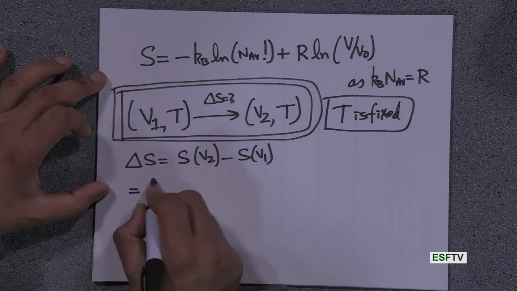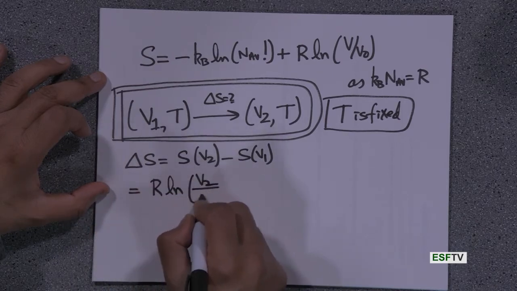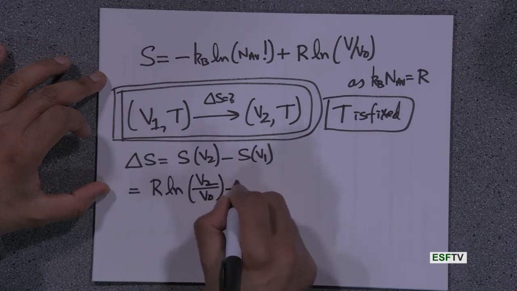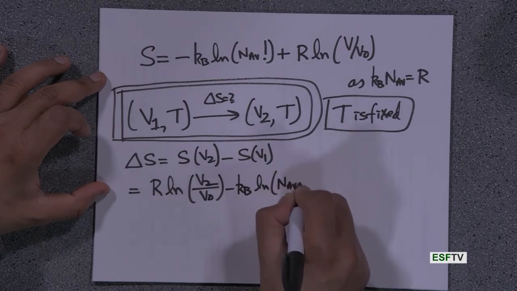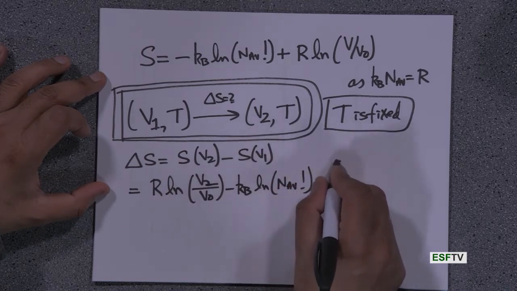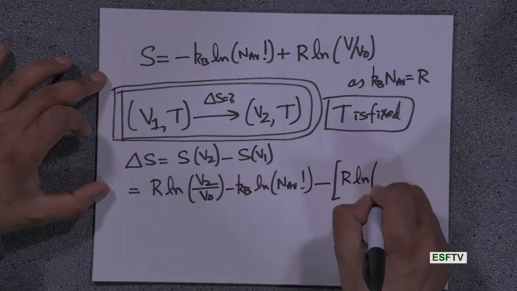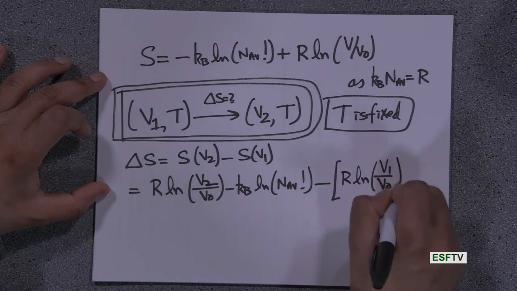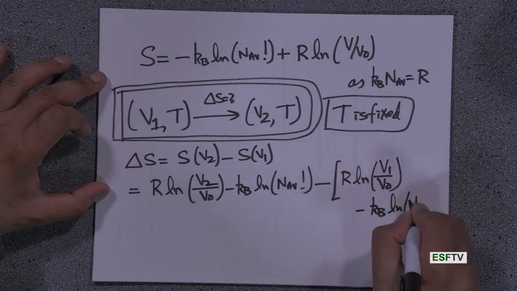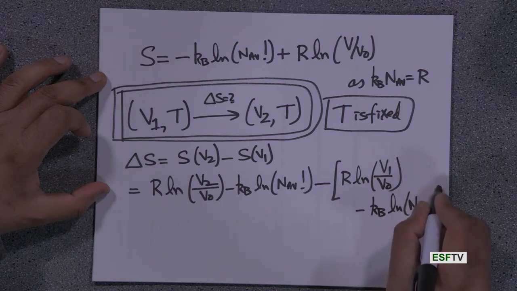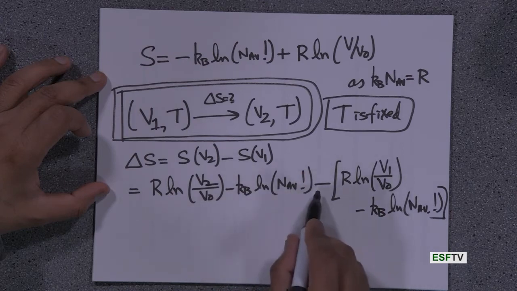That gives us R logarithm of V2 over V0, minus kB logarithm of the factorial of Avogadro's number, minus the entropy when the volume is V1, R logarithm of V1 over V0, minus kB logarithm of N Avogadro factorial, minus of minus.